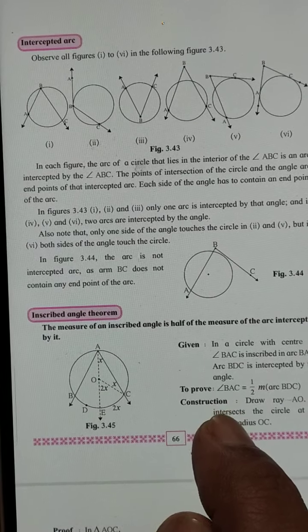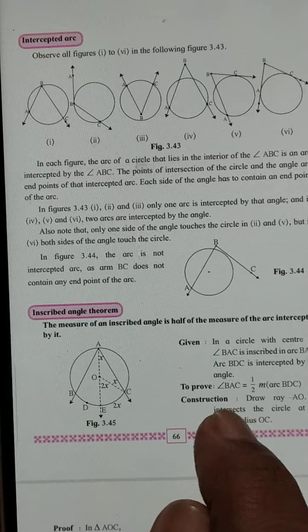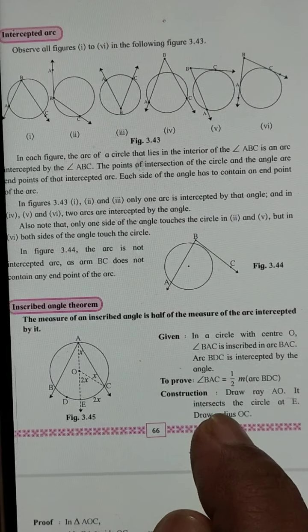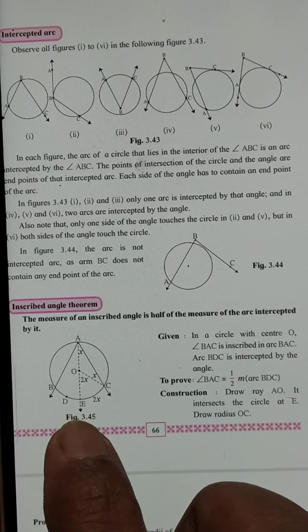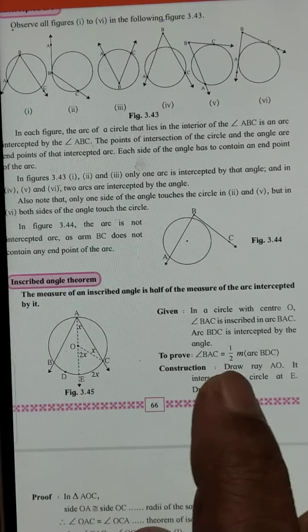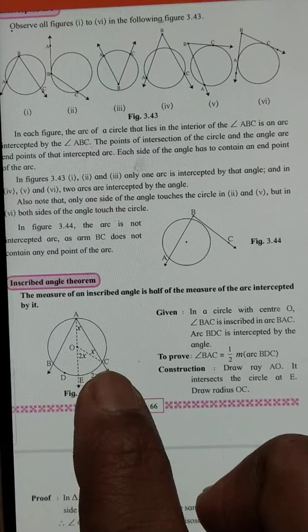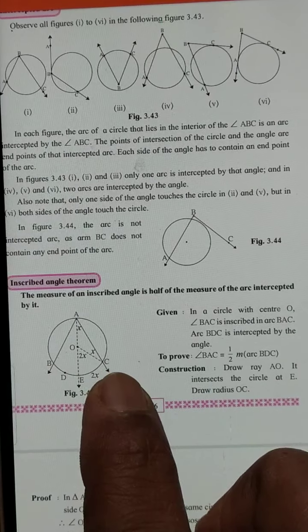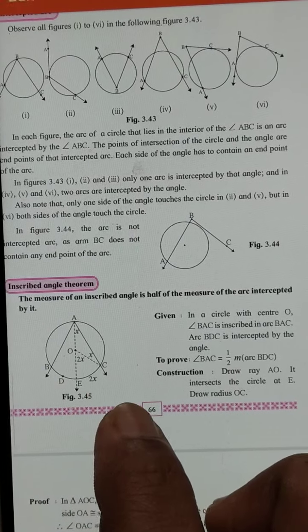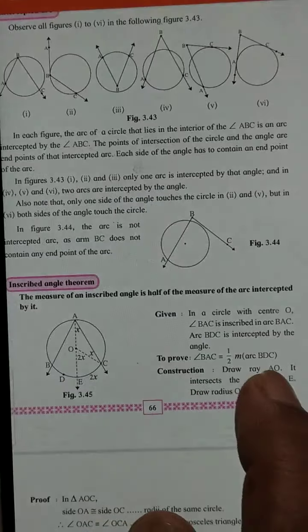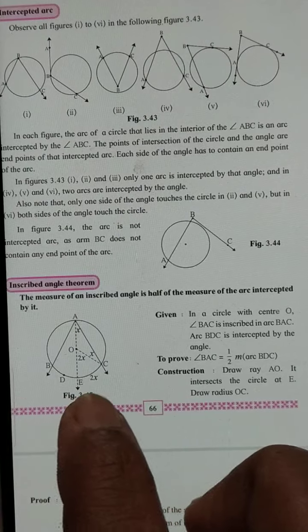Now we have to write to prove: the measure of inscribed angle BAC is equal to half the measure of arc BDC.